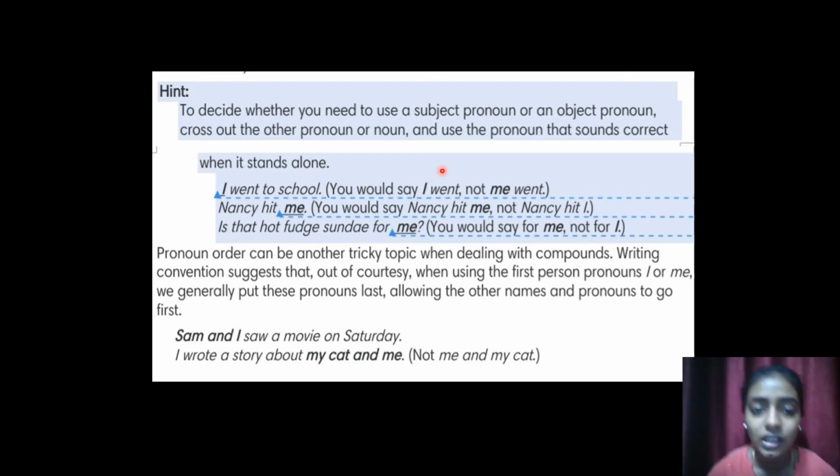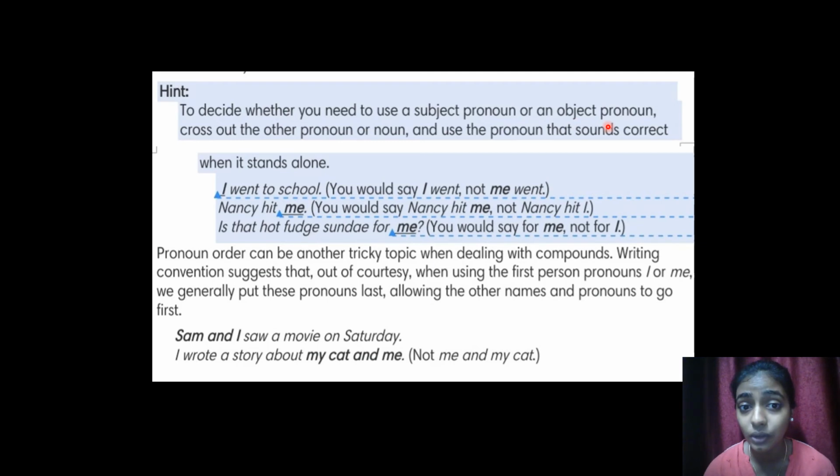Now, to decide whether to use a subject pronoun or an object pronoun, you have to cross out the other pronoun or noun that is there and use the pronoun that sounds correct when it stands alone. So in the sentence "Dash went to school," it could be either I or me, a subject pronoun or an object pronoun, right?